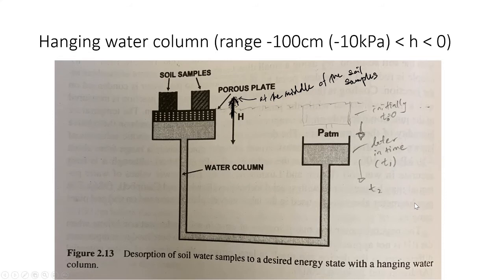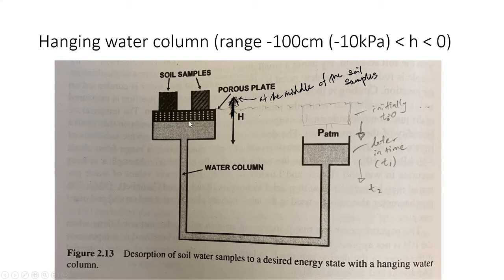This instrument is called a hanging water column. It can be used to measure the matric suction from negative 10 kilopascal to 0 kilopascal. What is done here is that initially there are two reservoirs.